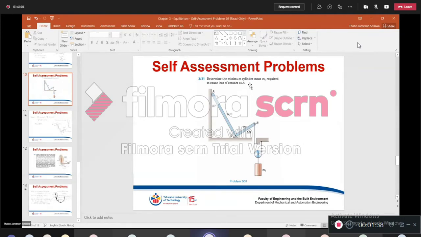So they want the minimum M. First things first, you look at it and then you draw the free body diagram.